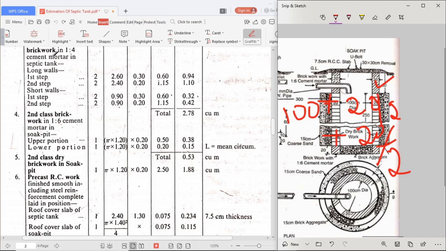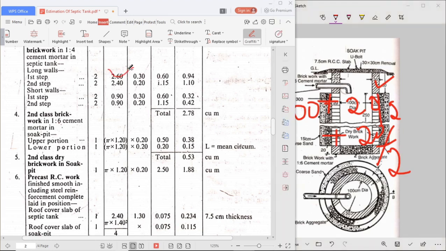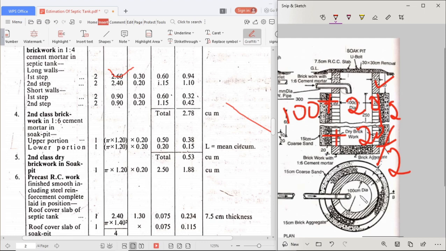Here also in the long walls, what we did was 200 plus 30 plus 30. Here you see 100 plus 20 on this side, 20 on this side.